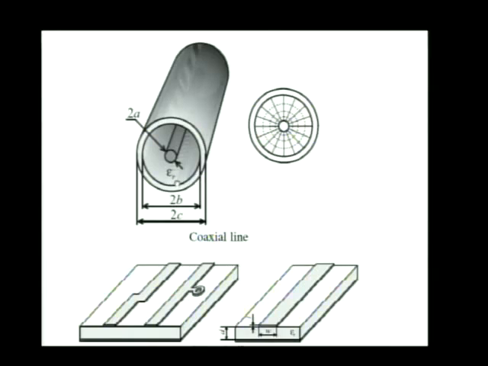Here's what the field lines look like. It's again a TEM transmission line, transverse electromagnetic. Those fields are just in the XY plane if the Z direction was perpendicular to the plane of the page here. They really do lie in the plane of the page. And you can solve for those fields exactly.